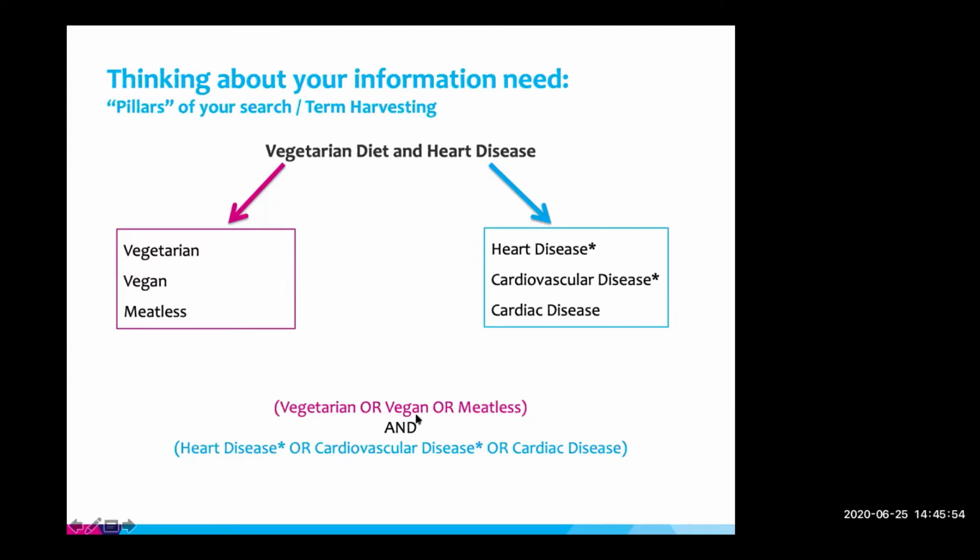Then I create a search that tells the database, okay, I'm okay with vegetarian or vegan or meatless, but it has to be combined with heart disease or cardiovascular disease or cardiac disease. So it's a way of expanding your results, but also making sure you don't get anything totally irrelevant.